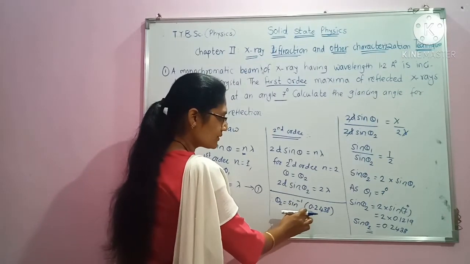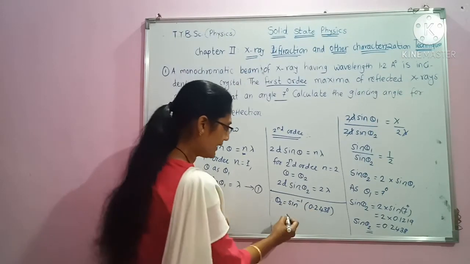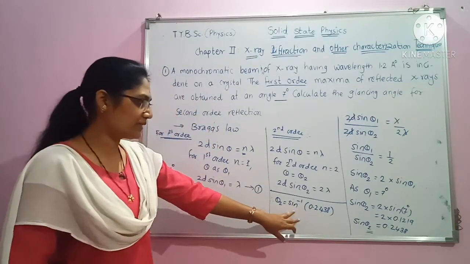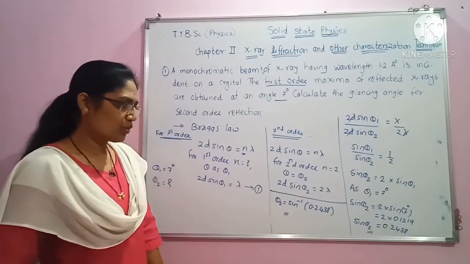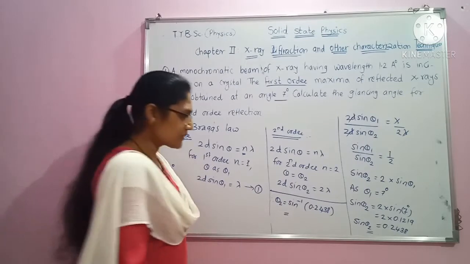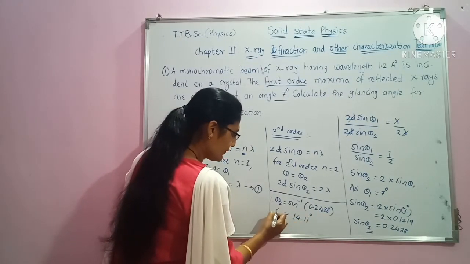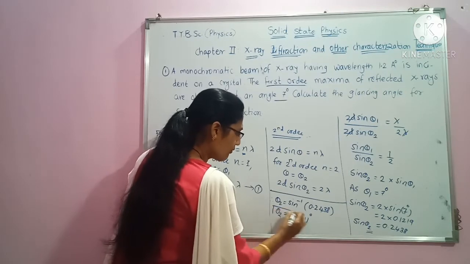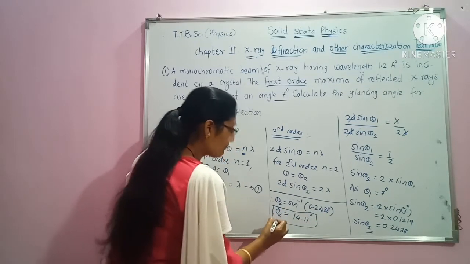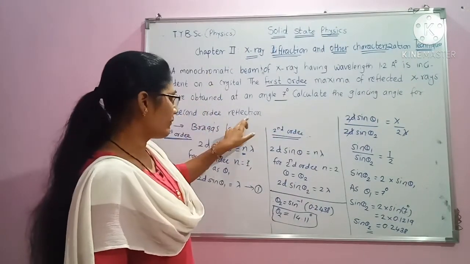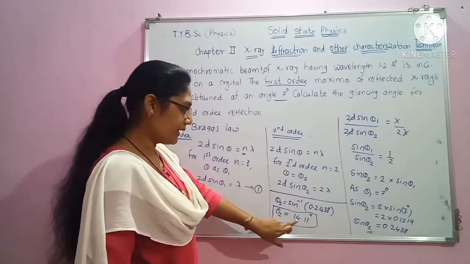When we obtain the sin inverse of this value, 0.2438, it comes out as 14.11 degree.